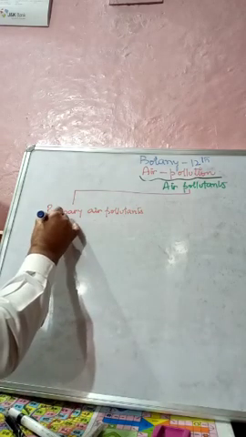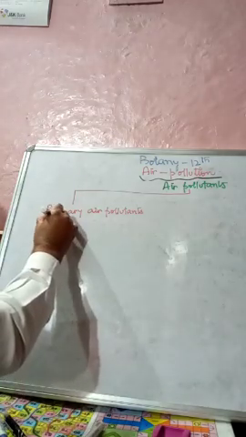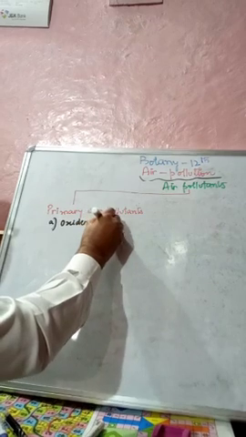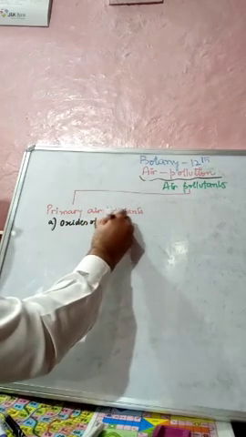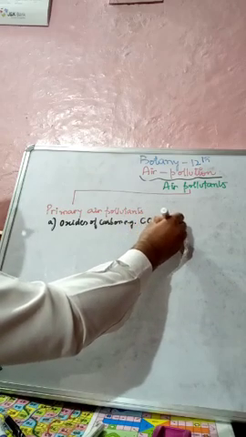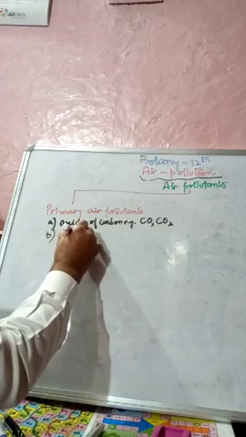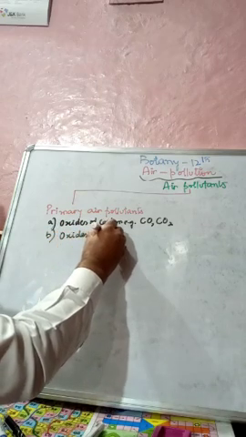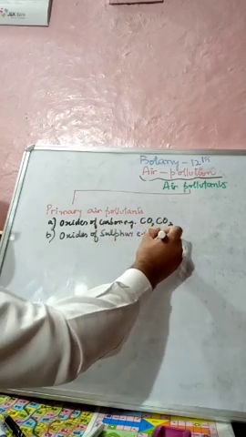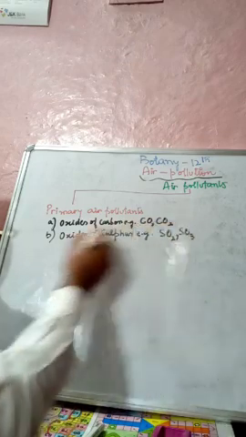For example, oxides of carbon, like carbon monoxide, carbon dioxide. Oxides of sulfur, for example, sulfur dioxide, sulfur trioxide.